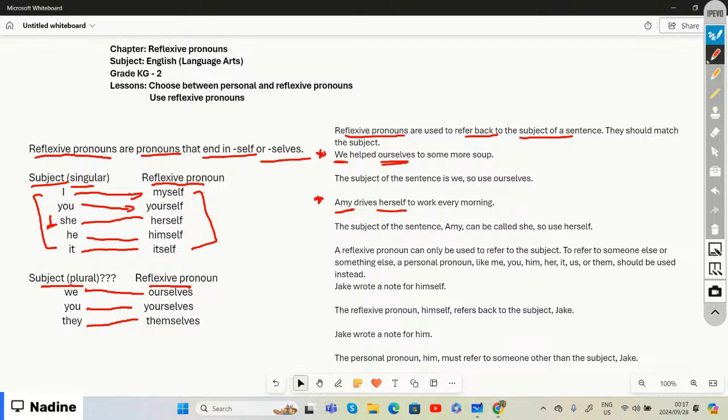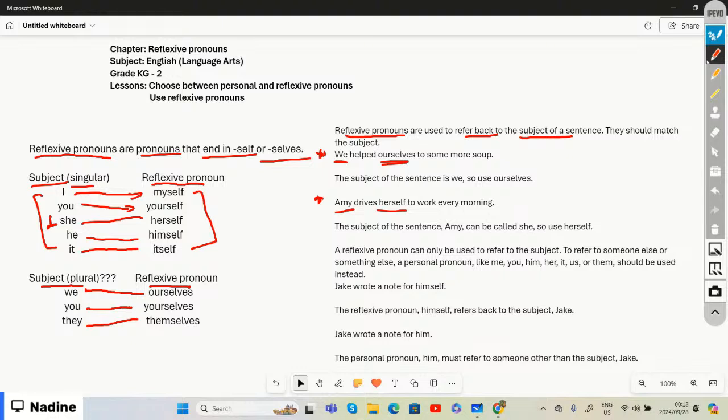And if we have a subject that refers to something else, all right.